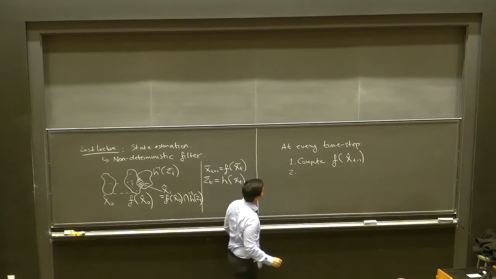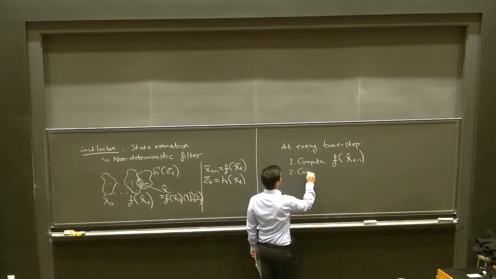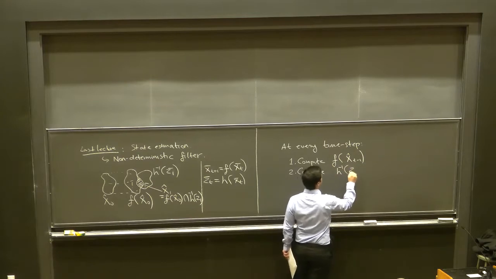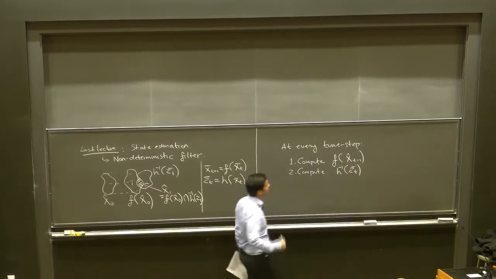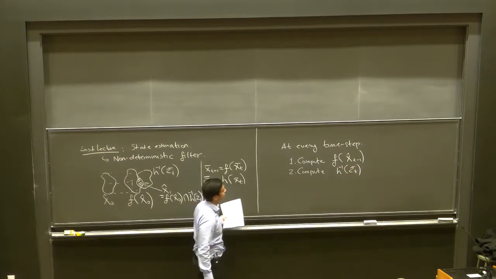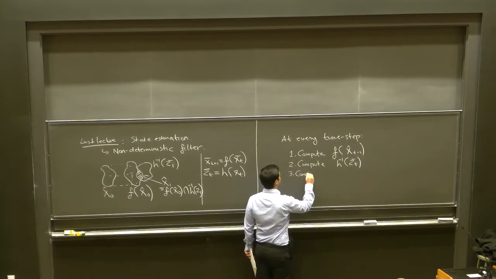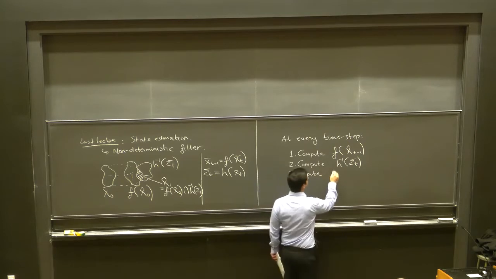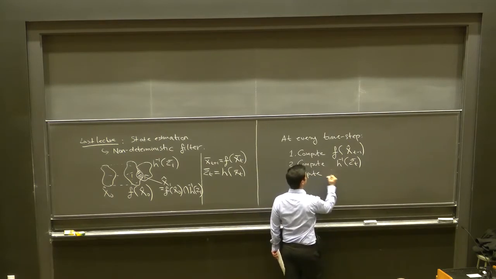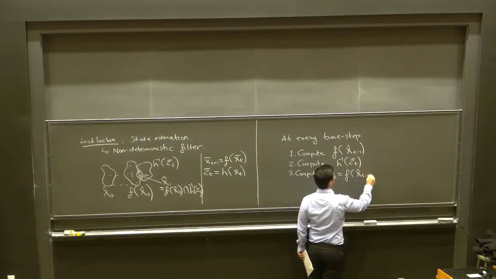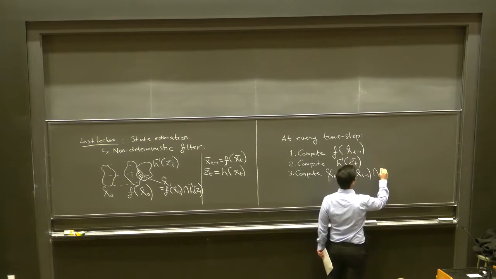And in the second step, you compute the pre-image of the sensor measurement that you received at the current time step. So pre-image of zt. And then finally, you take the intersection of these two sets. So x t hat is f of x hat t minus 1 intersected with the pre-image.